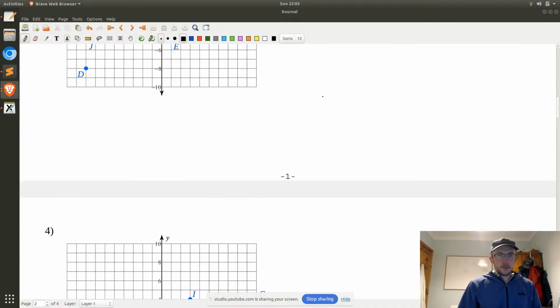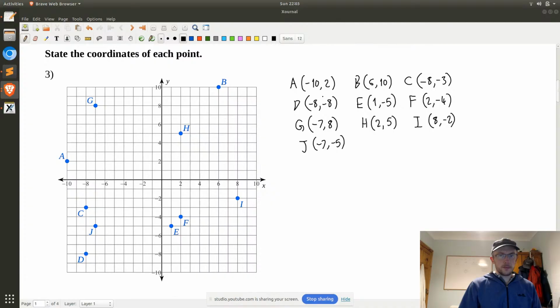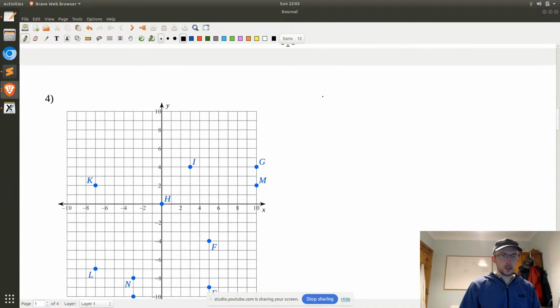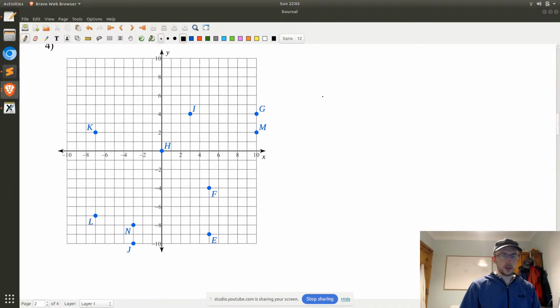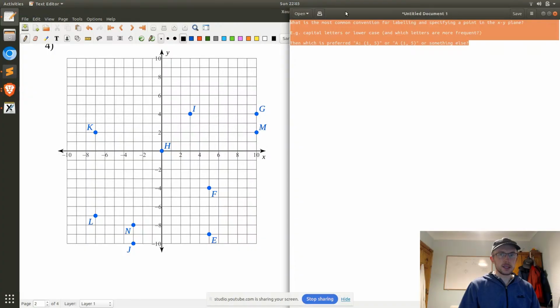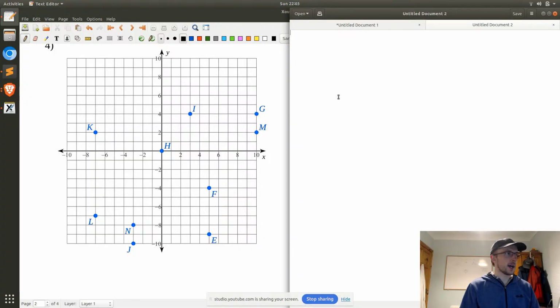Okay, so these are sort of no longer in order. So what I'm going to do is go quadrant by quadrant. And let's also find out the name or the convention for when a point is on an axis.